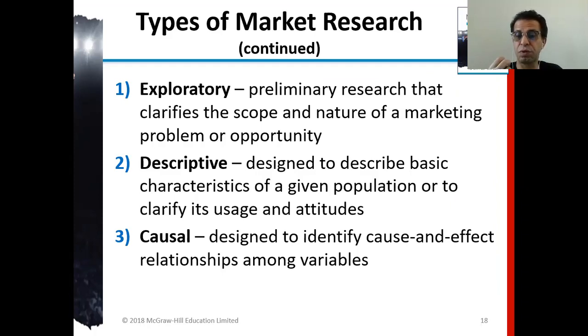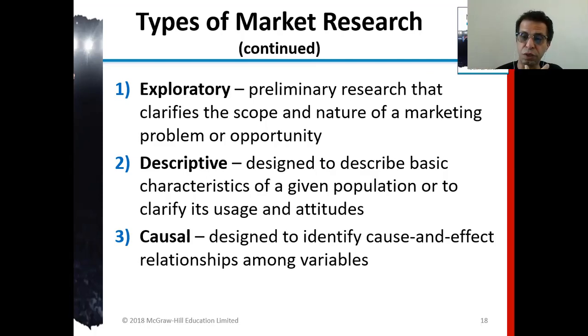The first one, the preliminary research, clarifies the scope and the nature of a marketing problem or opportunity. The second, which is the descriptive, is designed to describe the basic characteristics of a given population or to clarify usage and attitude.